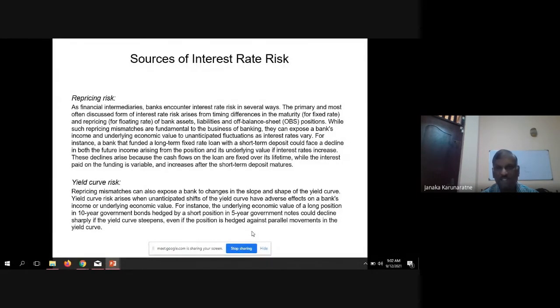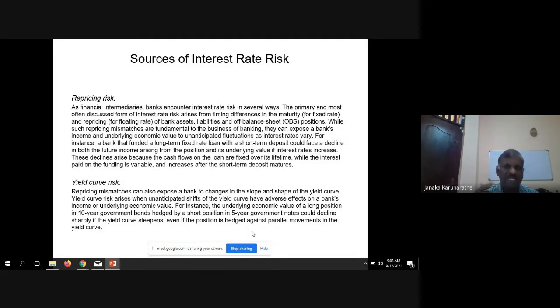Now, what do you mean by repricing risk? Anyone? Any thoughts? This is the risk that basically arises when your assets and liabilities are not matched in terms of maturities.